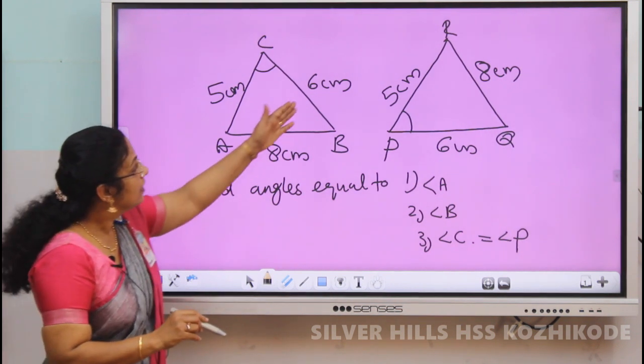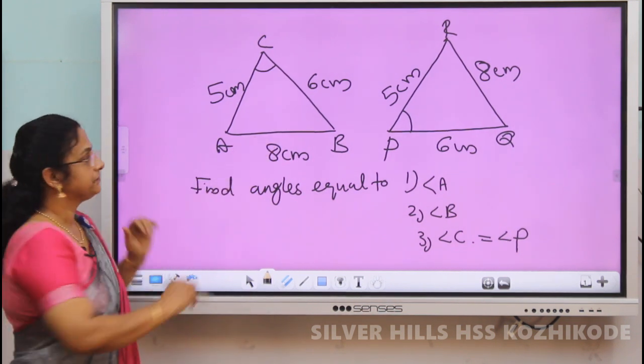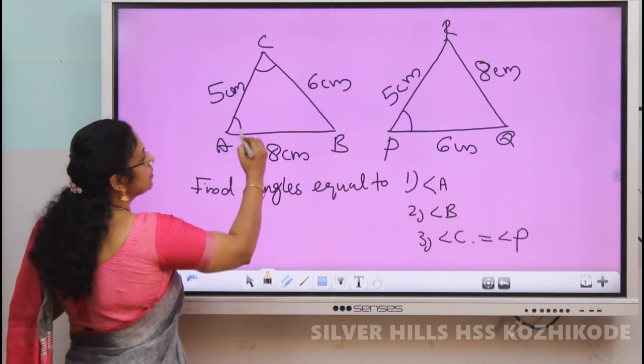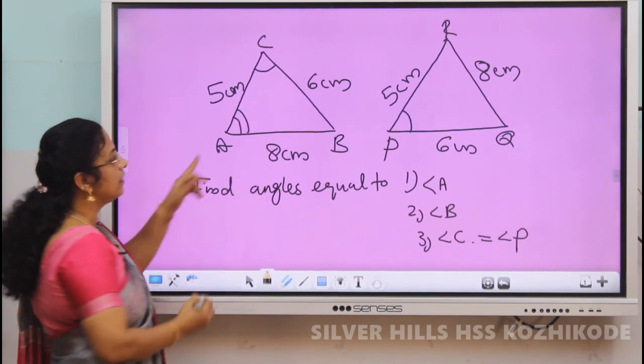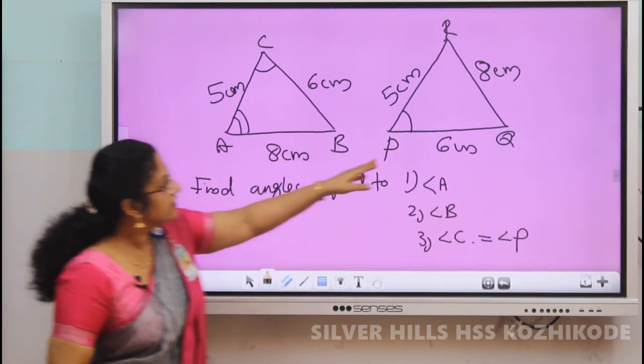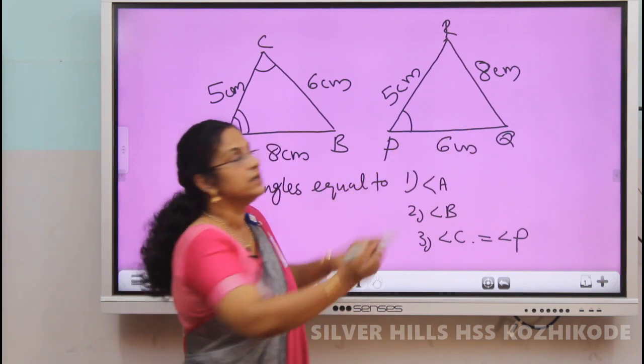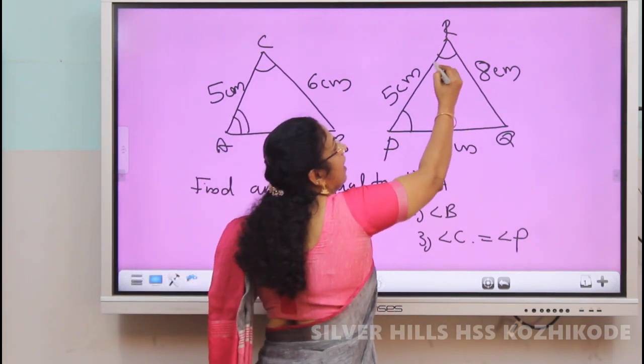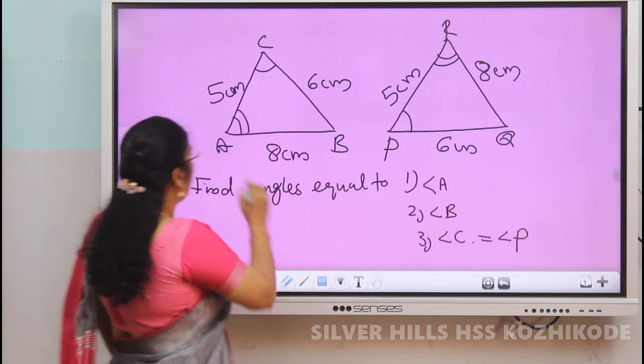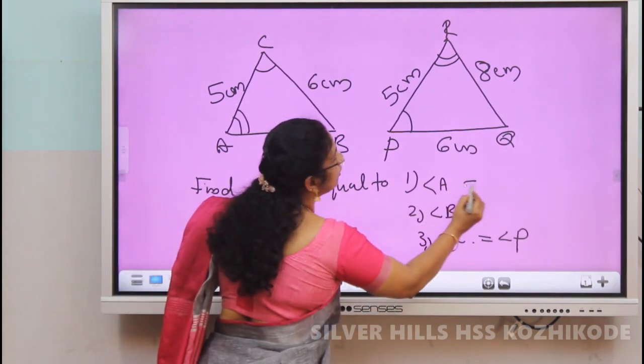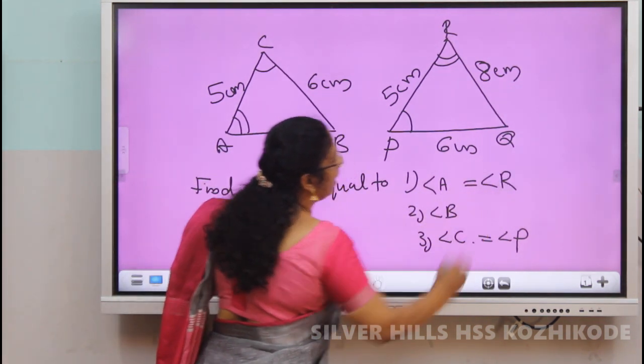Next we can come to 6 centimeter. Which is the angle opposite to 6 centimeter? That is angle A. And here which is the angle opposite to 6 centimeter? That is angle R. That means angle A is equal to angle R.